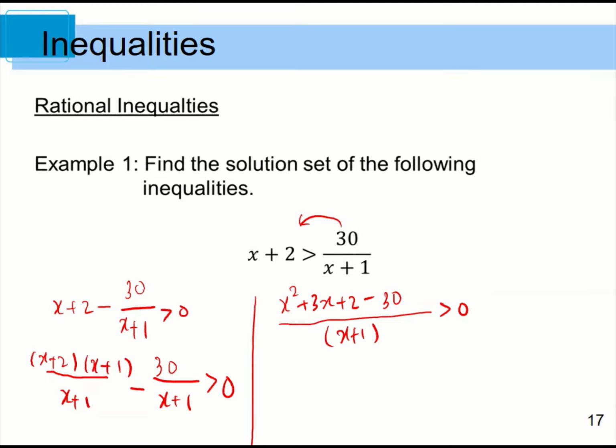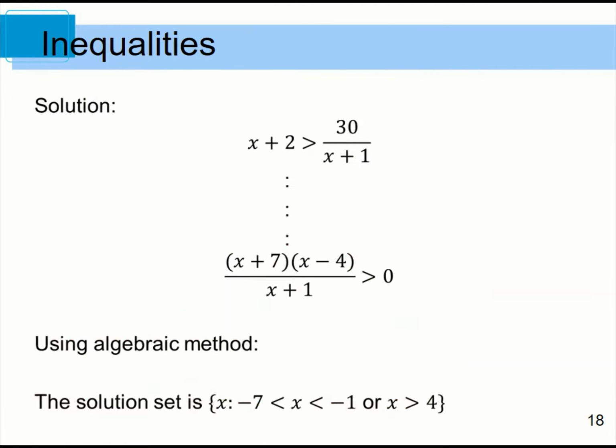Of course from here we have negative 28. So when we have negative 28 here and we factorize, we get x plus 7, x minus 4, over x plus 1 greater than 0. By doing this, we get this.